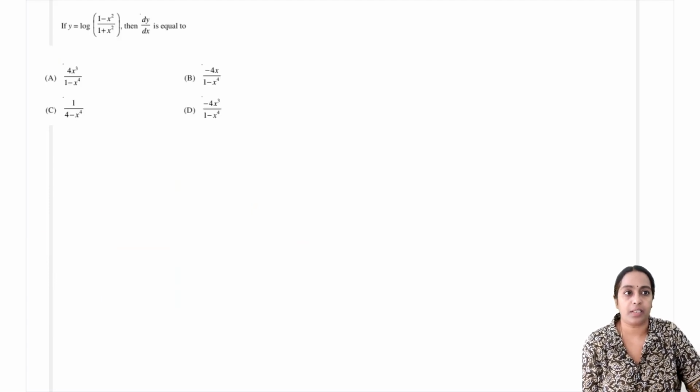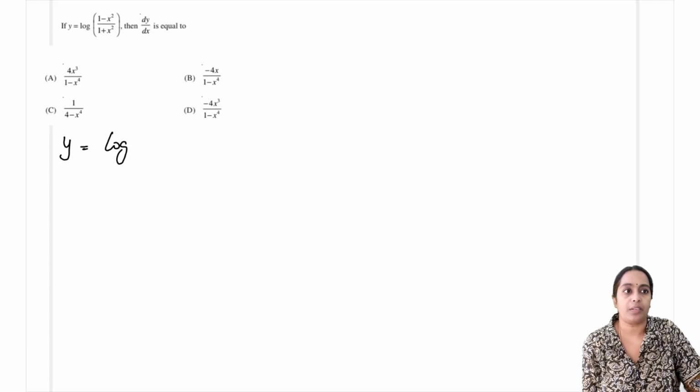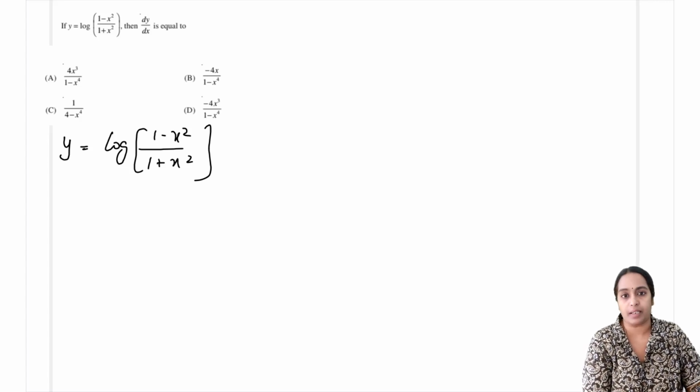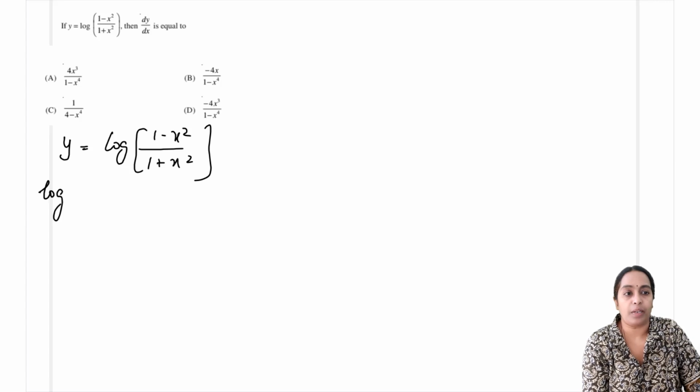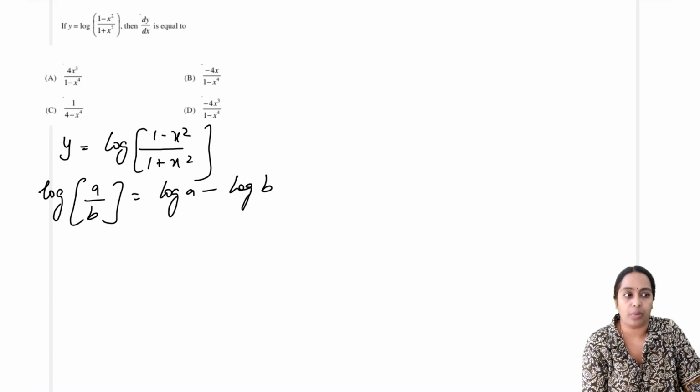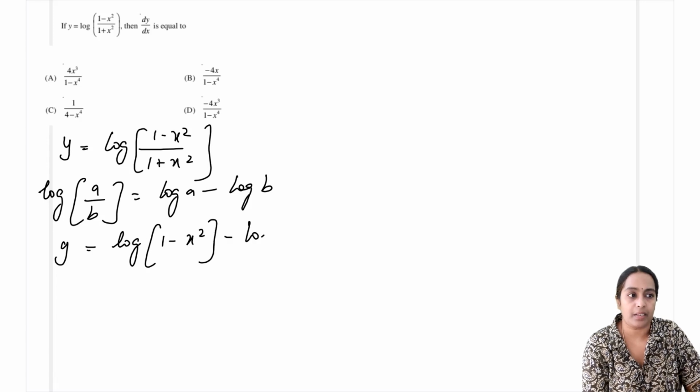The question says y equals log of (1 minus x square) by (1 plus x square). Then dy by dx is asked in the question. So we need to differentiate here. We have the logarithmic formula, log of a by b is log a minus log b. So now y equals log of (1 minus x square) minus log of (1 plus x square).